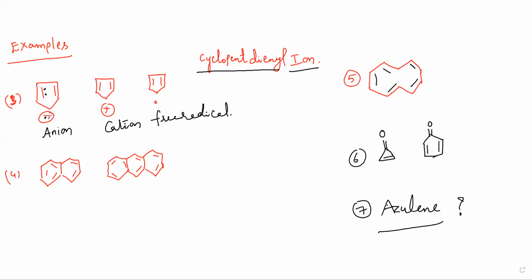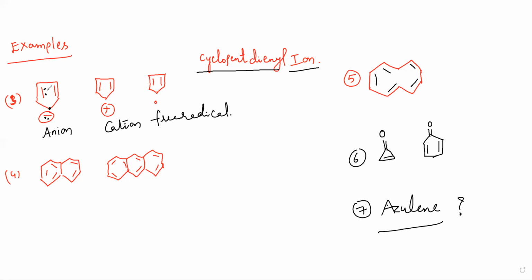Here also there will be two electrons. One electron belongs to this carbon, and the extra electron comes from another atom. Anyhow, total pi electrons in this: two pi bonds with a lone pair.